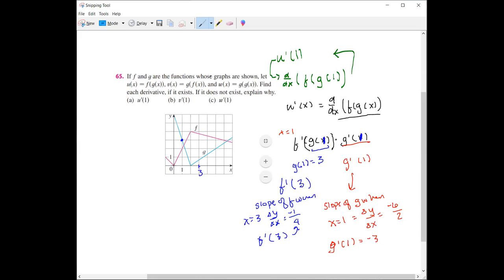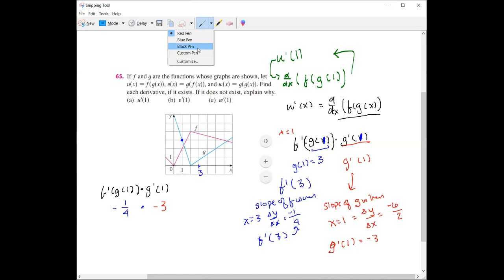Now we need to go back to our original idea, which is I need to multiply f prime of g of 1 times g prime of 1. We have these pieces now. We can call them f prime of g of 1 is f prime of 3, which is minus 1/4, times g prime of 1, which is negative 3.